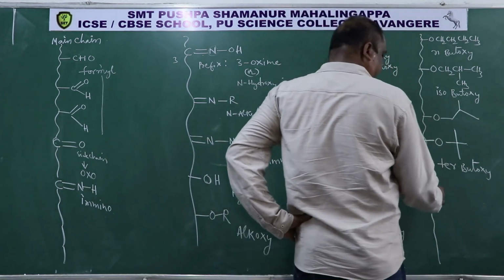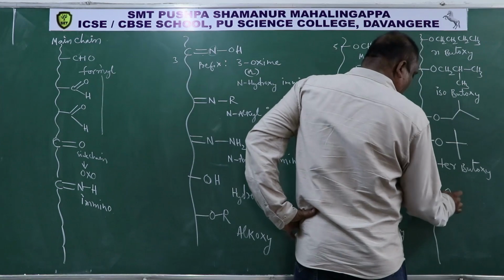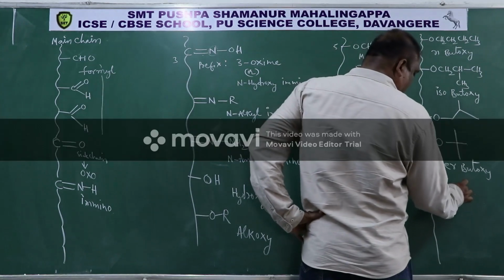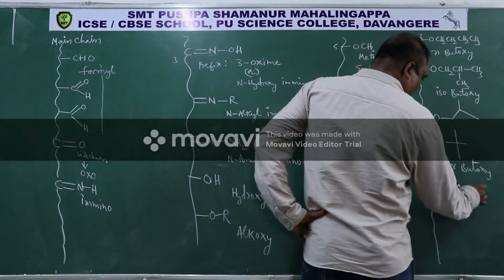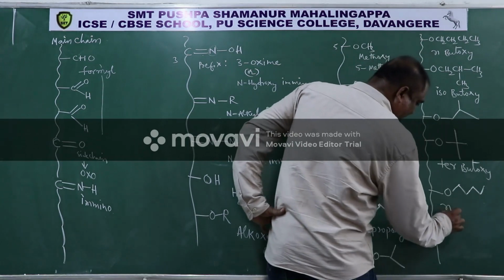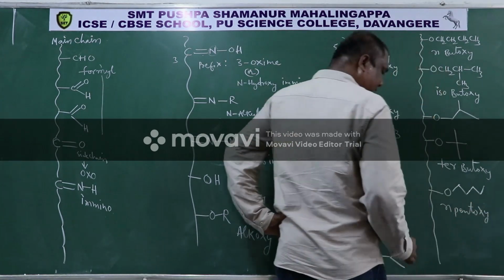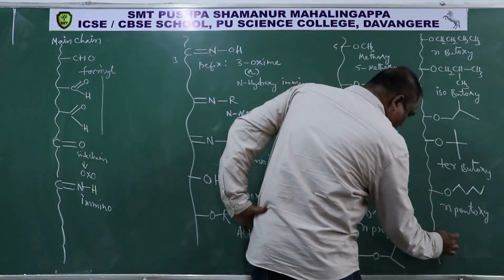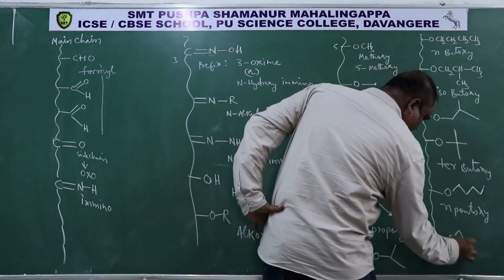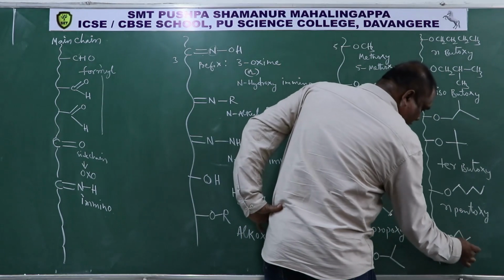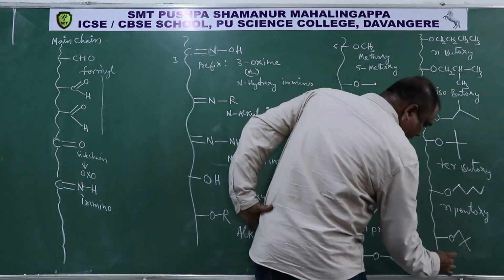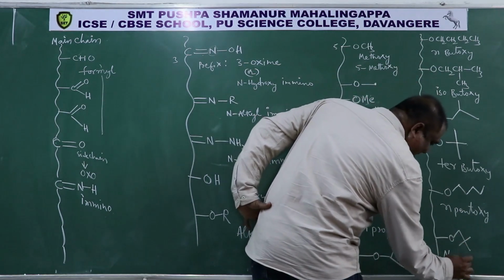Then O, CH2, 1, 2, 3, 4, 5. Then it is called n-pentoxy. O, CH2, 1, 2, 3, 4, 5. This is neopentoxy.